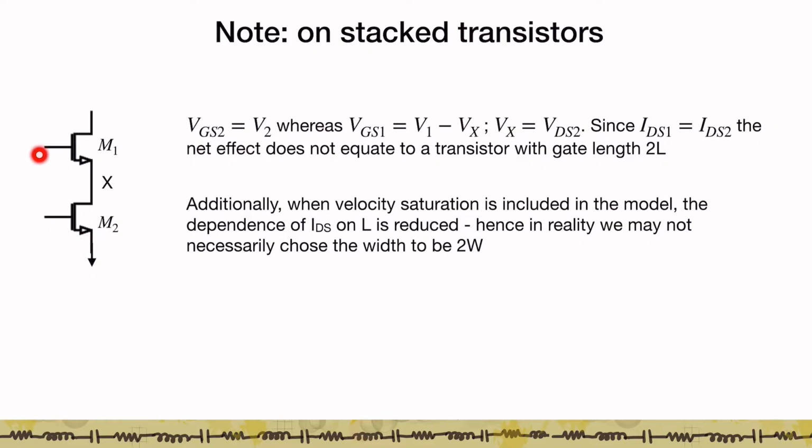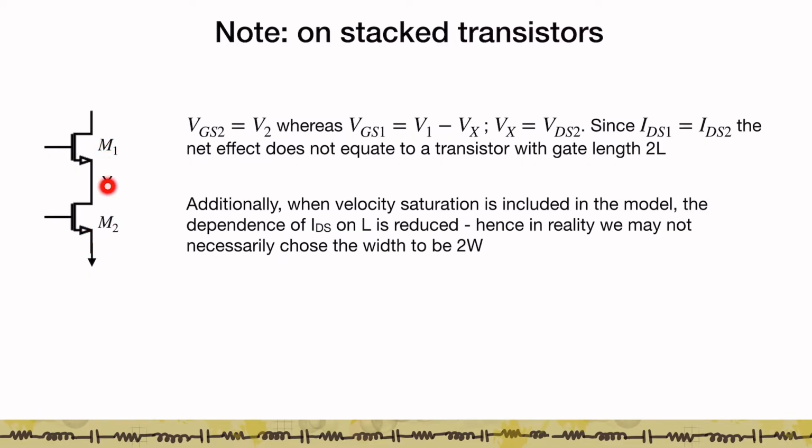However, when the gate of M1 is at VDD, its VGS is not going to be VDD, but some voltage less than VDD, because there is going to be some drain to source voltage associated with M2.